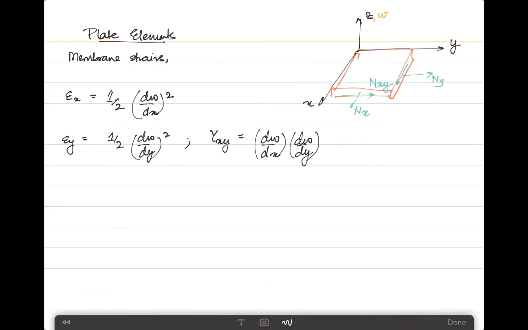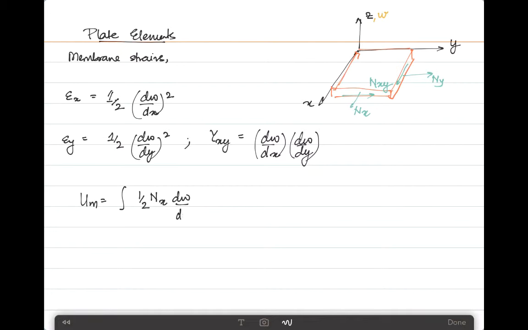Now the change in the membrane strain energy associated with these membrane forces, which are assumed to be constant, can be written such as the membrane strain is given as an integral of half of the load which is acting in the x direction times the epsilon xx. So it's not half of that, but then the load times the displacement over here.